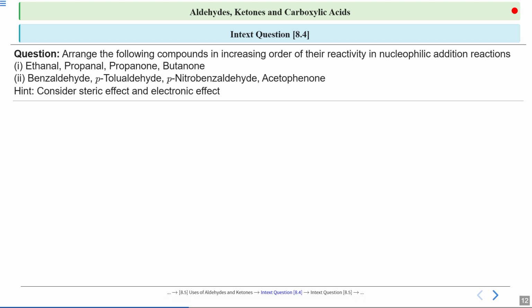So, two options are given, 1 and 2. You have to arrange this 1 and 2 according to the reactivity in nucleophilic addition reactions. And an additional hint is given to you that you need to consider steric effect and electronic effects. So I'll give you 30 seconds to think about this question and then we will discuss.